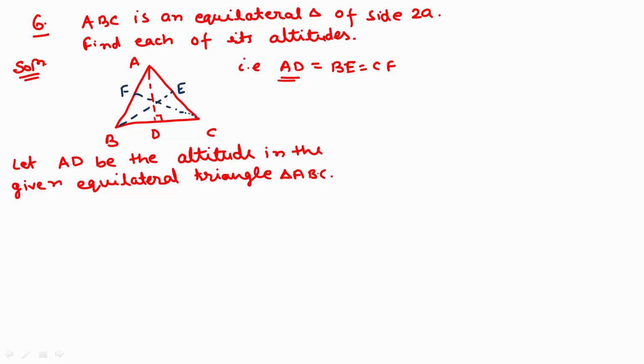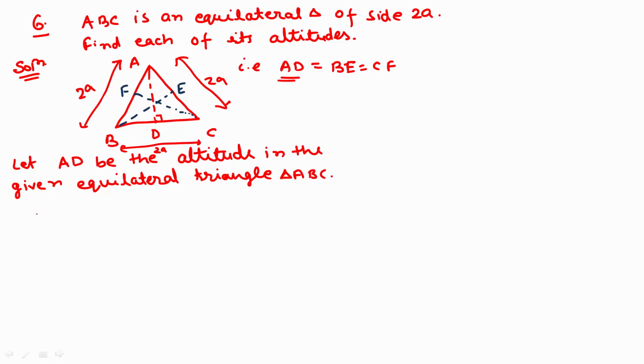That is, the length of this side is 2a, this is 2a, and this will also be 2a. But AD is an altitude, which means AD is perpendicular to BC, and D is the midpoint of BC.